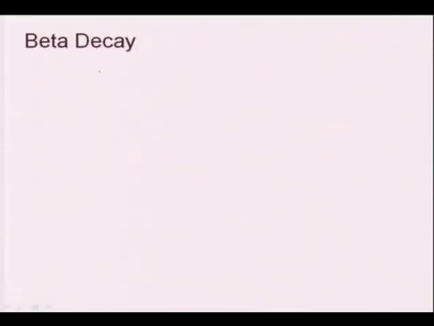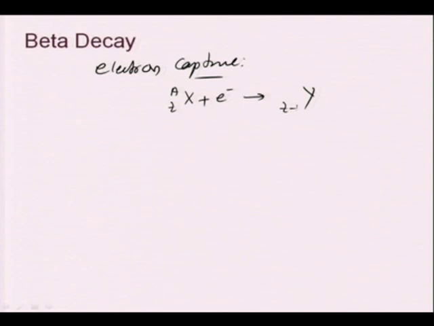Now, the last bit of today's discussion is on electron capture. In electron capture we have, as a nuclear reaction, X (Z, A) plus e minus going to Y (Z minus 1, A) plus neutrino.